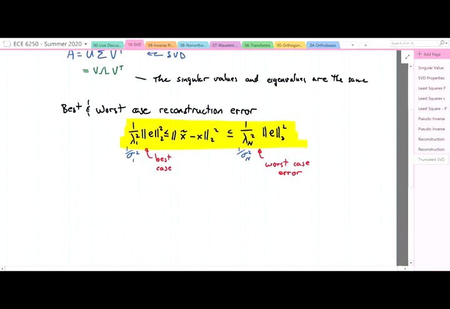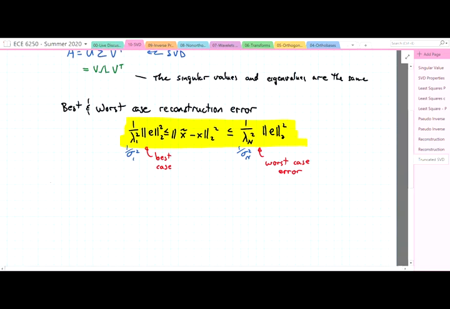Let's kind of follow this down on the limits. What happens as lambda n approaches 0 from the positive side? So it's not 0, but it's approaching 0. Well, the reconstruction error blows up. That's what happens. Technically, the matrix is still invertible, but it blows up.